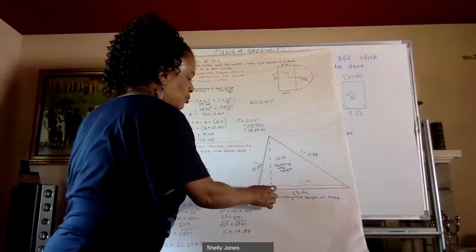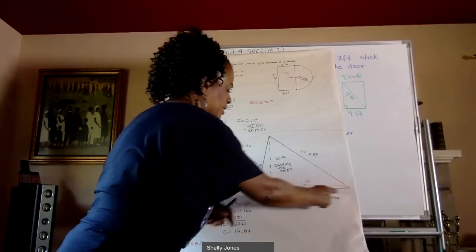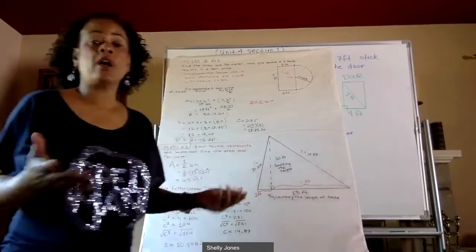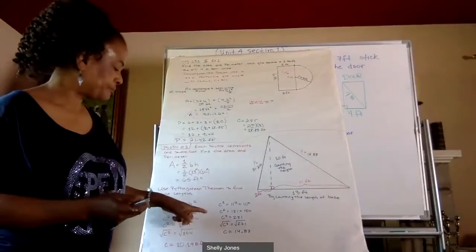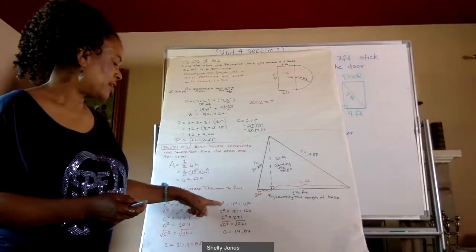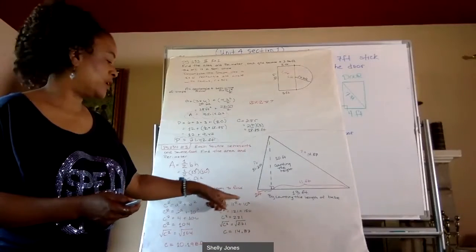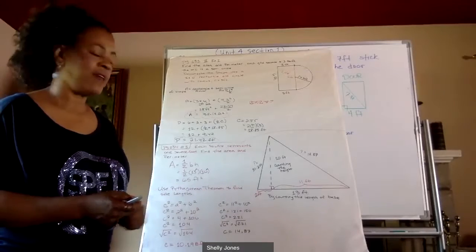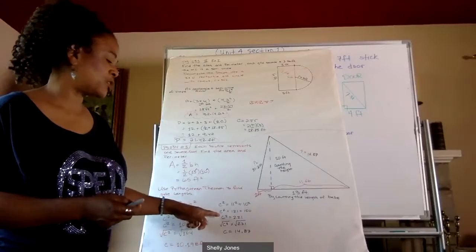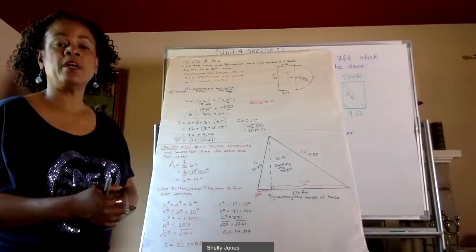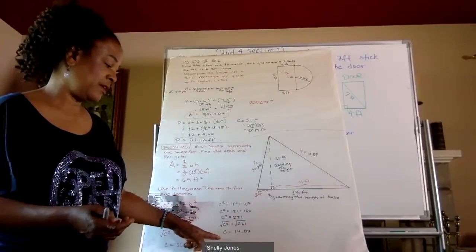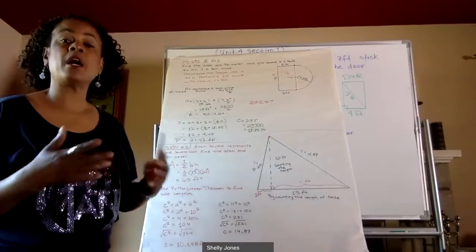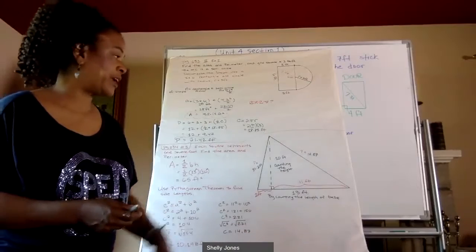If this is 2, then this must be 11 because the whole thing was 13, or I can just count it. Count it right on the grid in the book. So I have 11 squared is 121, 10 squared is 100. I add those, I get 221. So c squared equals 221. If I take the square root of both sides, the square root of c squared is c, and the square root of 221 on my calculator is 14.87.